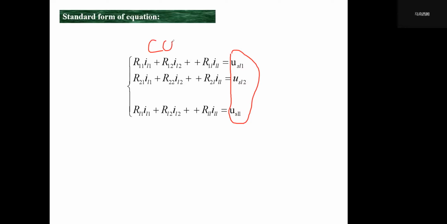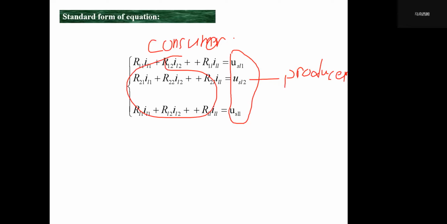The left side is consumer, and the right side is producer or giver. We can also say that the left side is the taker, and the right side is the giver.